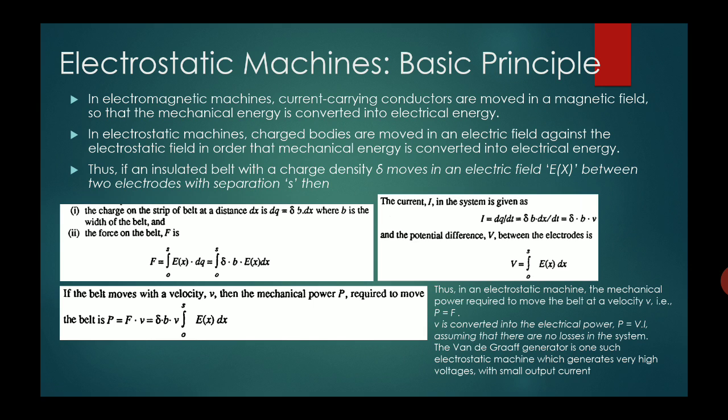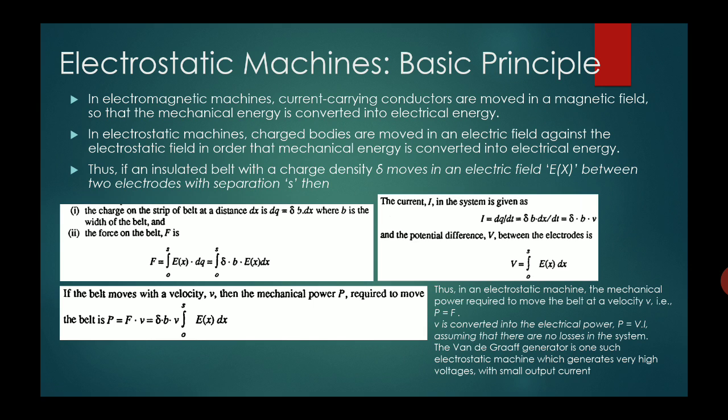This electromagnetic machine is for the AC. Now for the electrostatic machines, it is a bit different. In the electrostatic machine, the charged bodies are moved in the electric field against the electrostatic field in order that mechanical energy is converted into electrical energy.